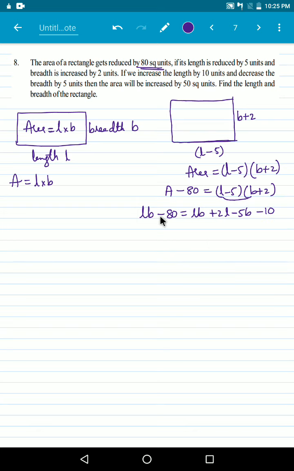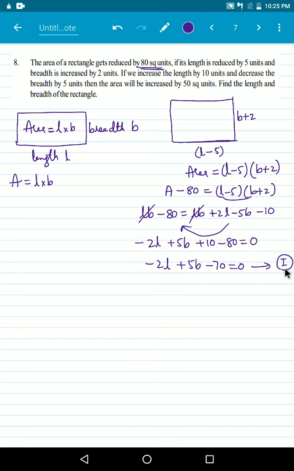So here this LB and this LB will get cancelled, right? Now let us bring all the terms on LHS. So 2L minus 5B plus 10 minus 80 is equal to 0. So this will give us minus 2L plus 5B minus 70 is equal to 0.